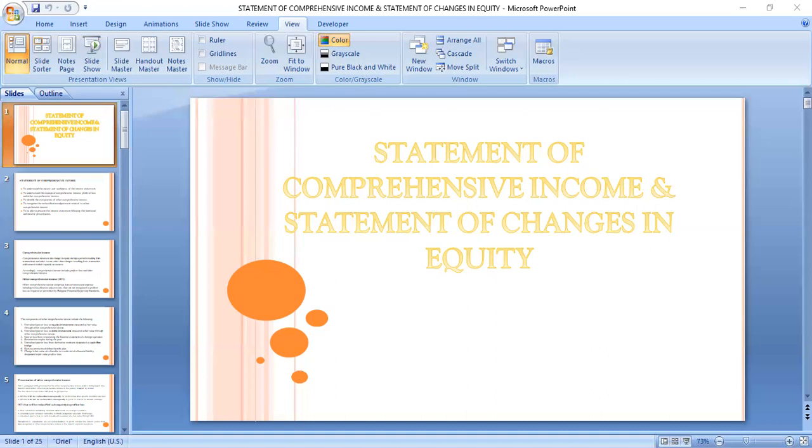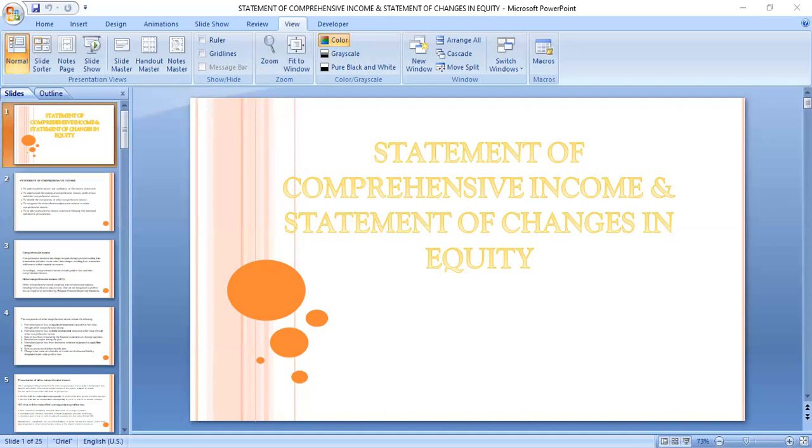Write down of property, plant, and equipment to recoverable amount and reversal of such write down. Restructuring of the activities of an entity and reversal of any provision for the cost of restructuring. Disposal of an item of property, plant, and equipment, disposal of investment, discontinued operation, litigation, settlement, and other reversal of provisions.